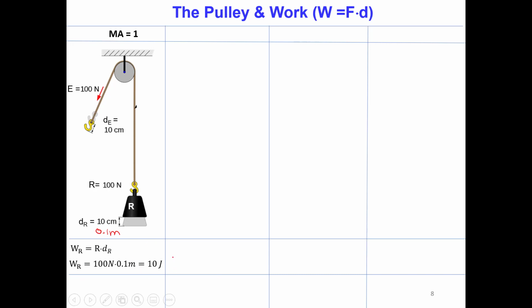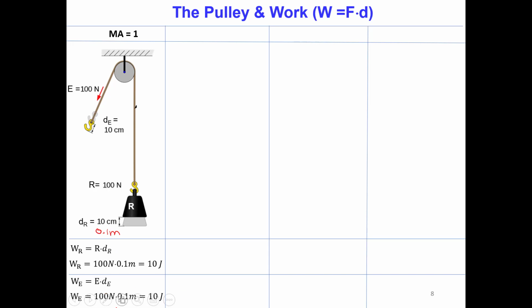And let's now calculate the work done by the effort. The work done by the effort equals the effort, which is 100 newtons, multiplied by the distance, which is 0.1 meter. At the end, we have 10 joules.